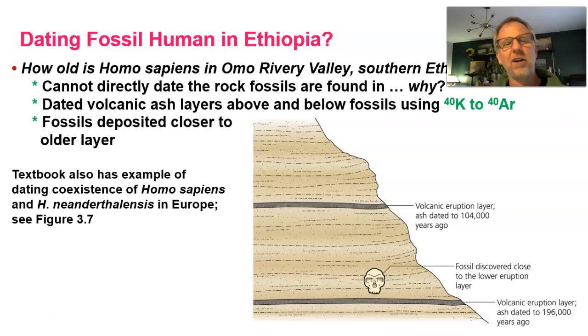Now, because the fossil was found very close to the lower volcanic rock layer, it stands to reason that it's not much younger than the oldest rock. So it's been dated at maybe around 180,000 years old or so. This is a good example of how we date fossils, how we age them.